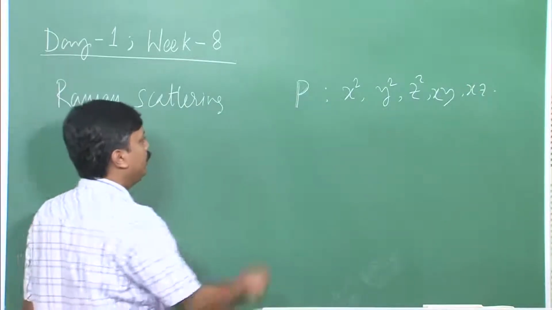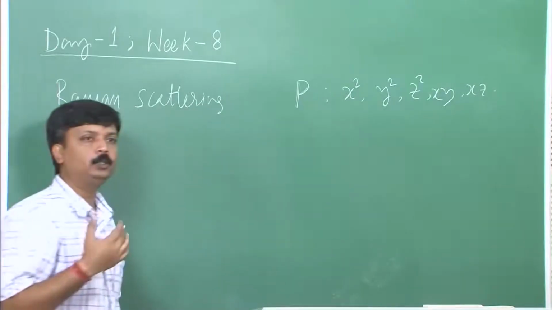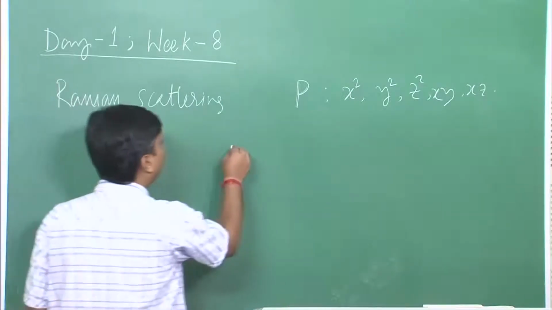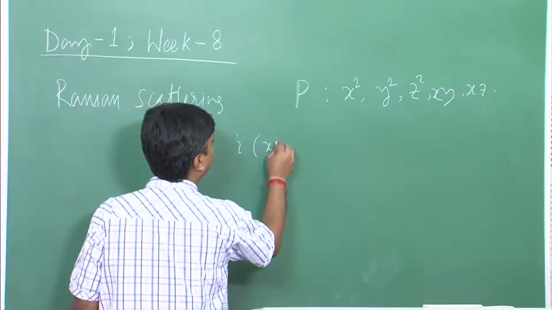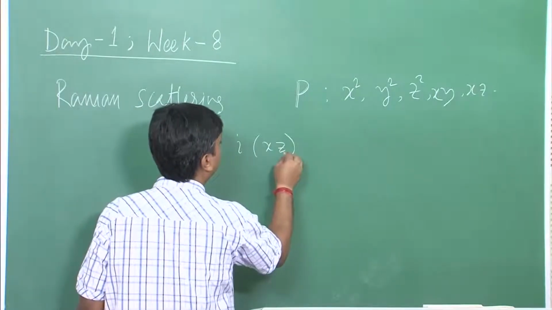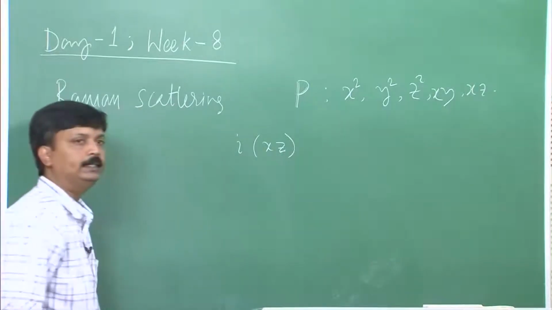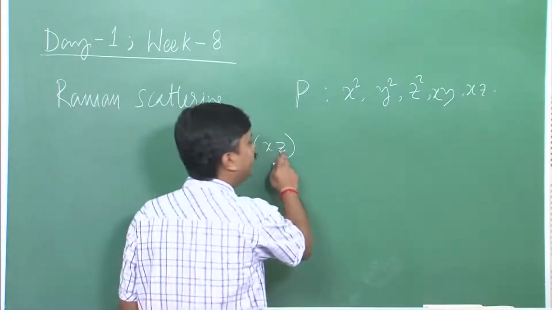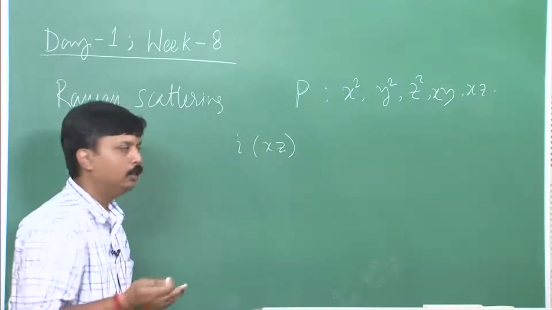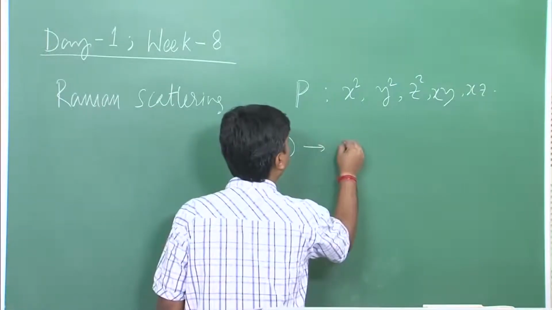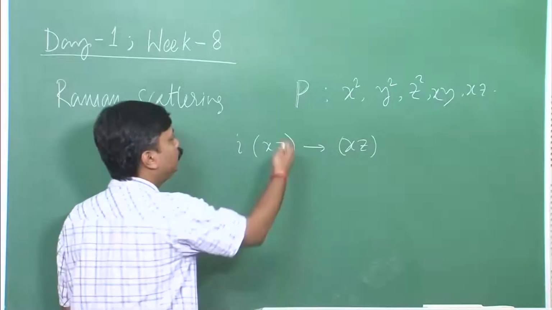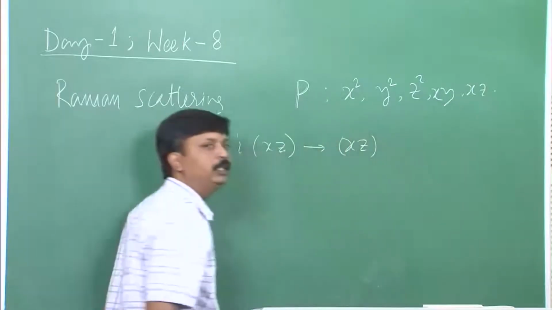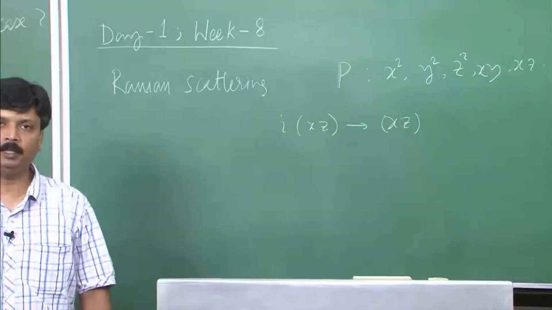Now if I consider again a centrosymmetric molecule, so if I operate I on any of these binary functions, say xz, both x and z will be inverted, but overall it will give me back the same thing. So this is true for any of these functions which form the components of the polarizability tensors.